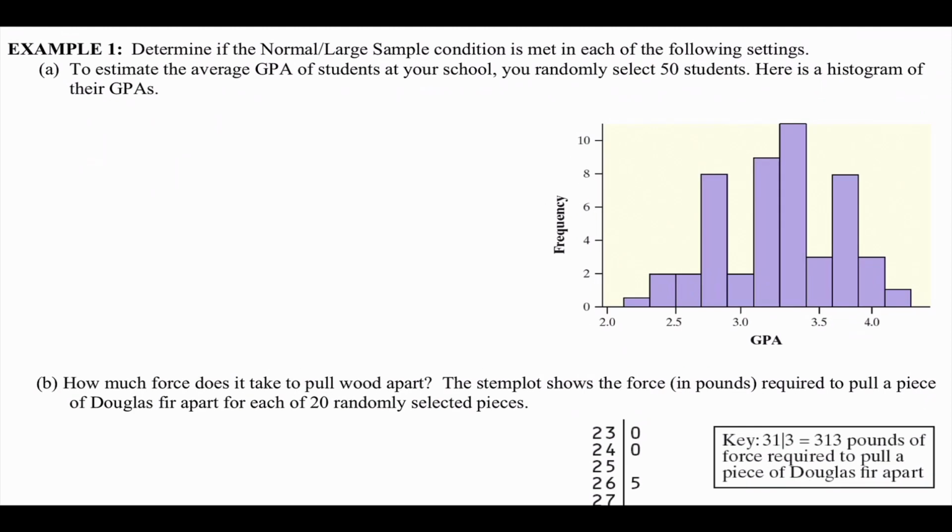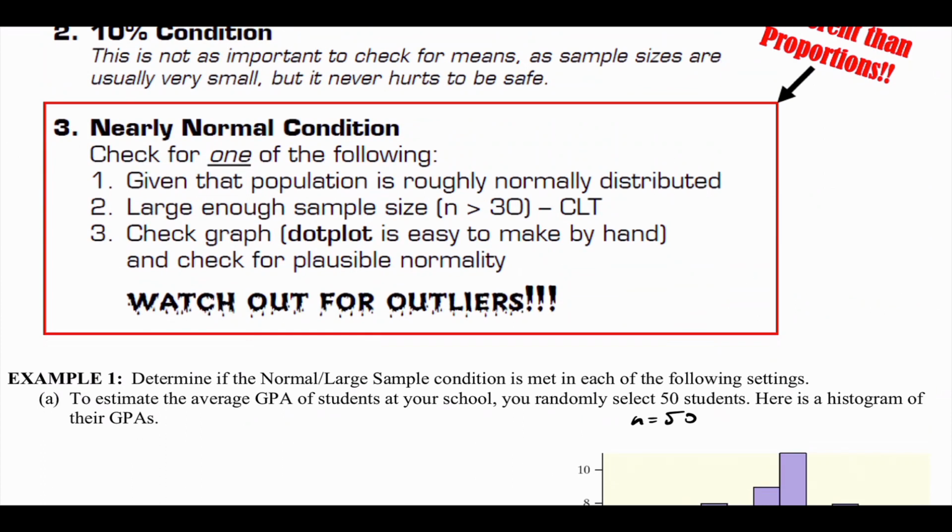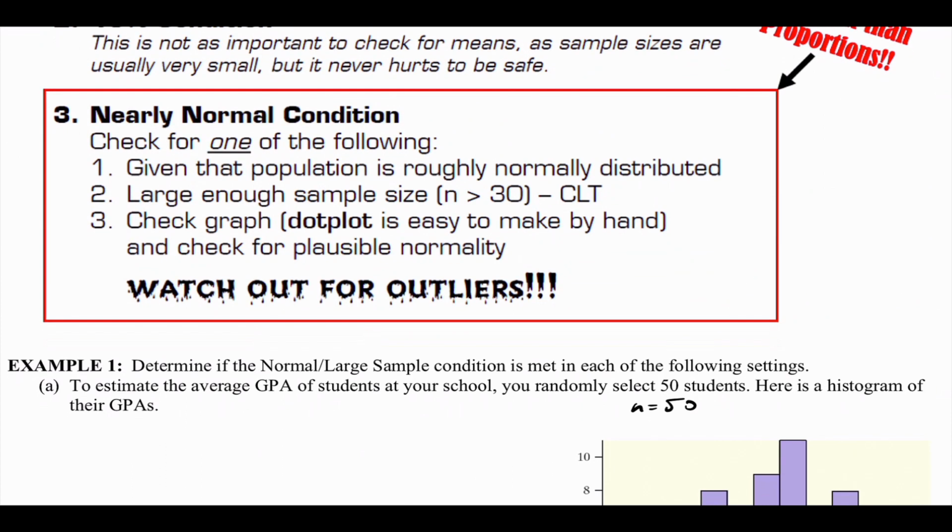Okay, so let's see. A, to estimate the average GPA of students at your school, you randomly select 50 students. Here's the histogram. Okay, well, the sample size is 50. So if I go to my options, it didn't say that the population was normally distributed, so I can't use that one. Is my sample size large enough?